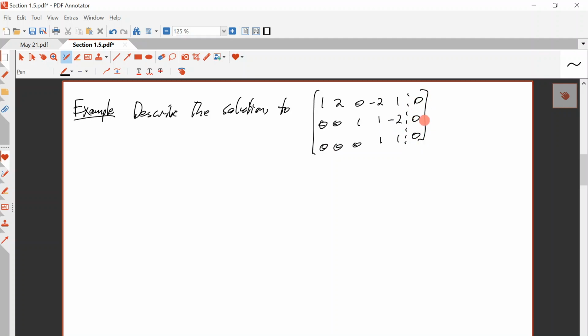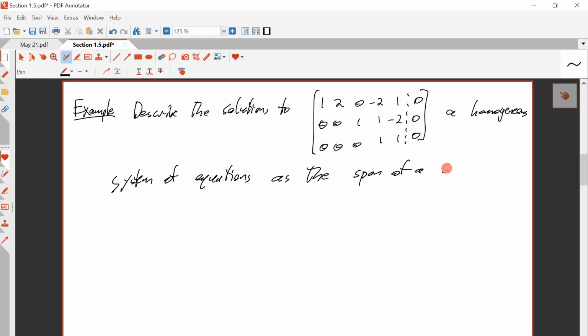So describe the solutions to this homogeneous system of equations as the span of a set of vectors.